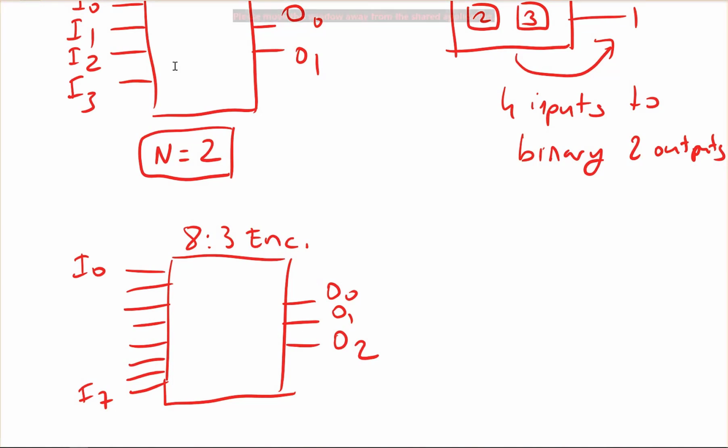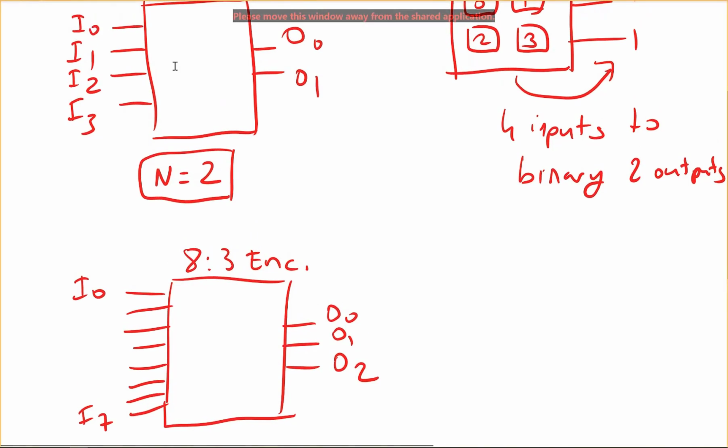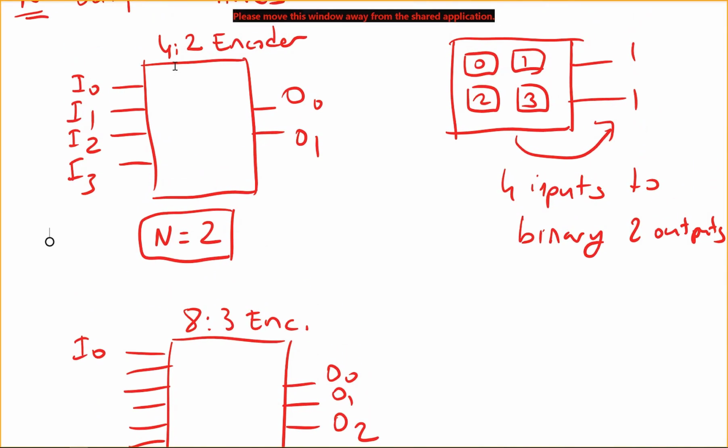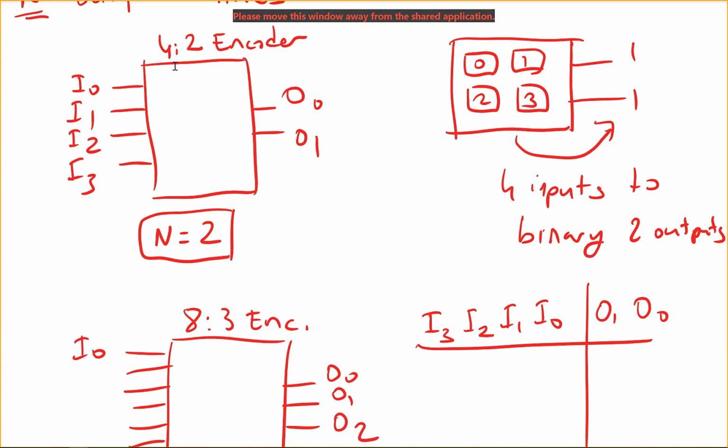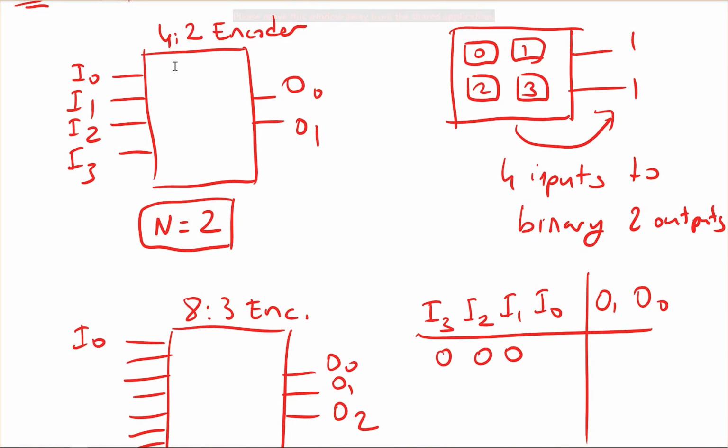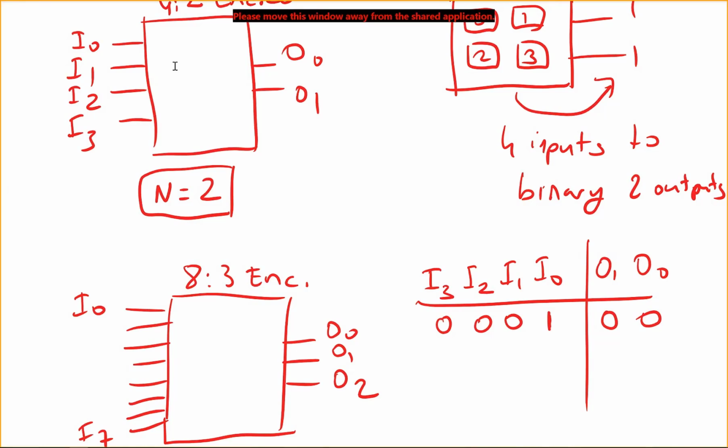So let's see the functionality table for the 4 to 2 encoder. I have I3, I2, I1 and I0 here, and I have output 1 and output 0 here. If I0 is active, then I will be giving 0, 0 here. Out of these 4 inputs, only one of them is active at a time.